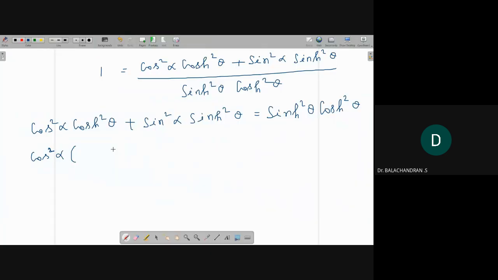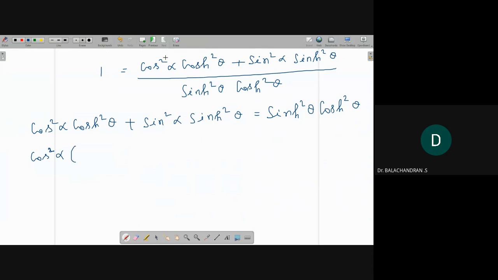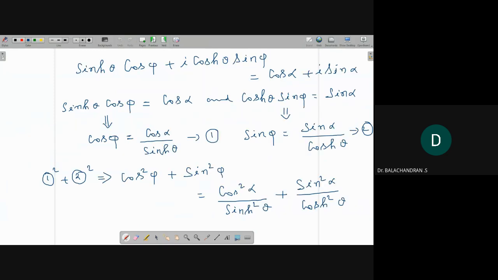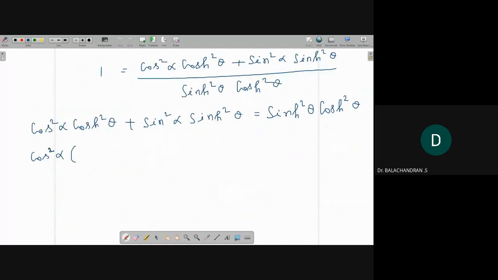What is cosh square theta? Okay, actually here everything is in powers, so I don't have multiples. So you should tell in terms of powers. That's why I told that you know all the formulas, but you should know which formula to use in which place.